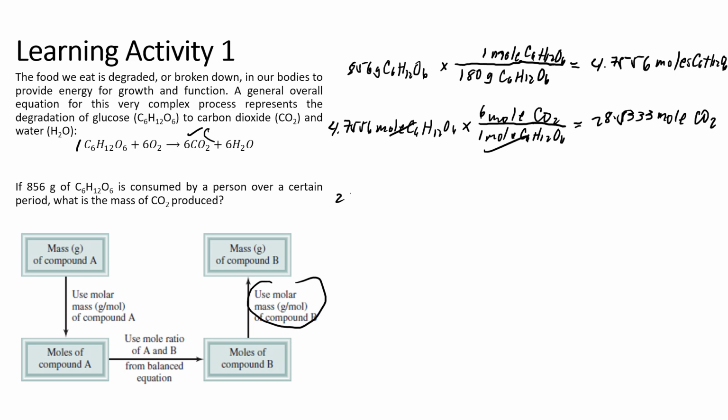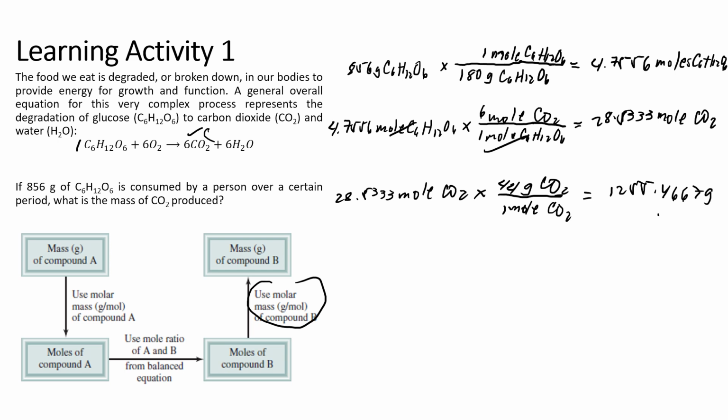So, 28.5333 moles of carbon dioxide. Okay, per mole of carbon dioxide, we have ilan? 44, di ba? 44 grams of carbon dioxide. So that is equal to 1,255.4667 grams carbon dioxide. So, ito na yung sagot natin.